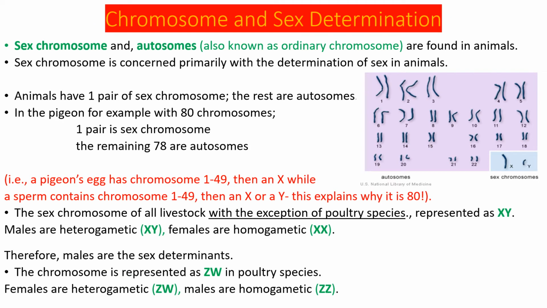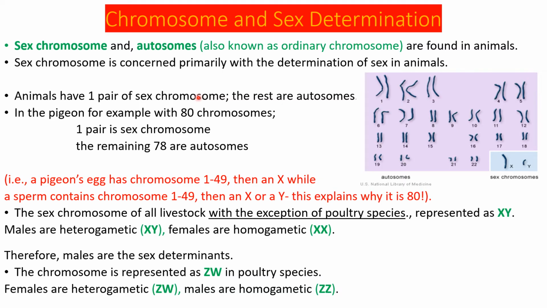Chromosomes play critical roles in sex determination. The sex chromosomes and the autosomes, also known as ordinary chromosomes, are found in all animals. The sex chromosome is concerned primarily with the determination of sex in animals. So all animals have one pair of sex chromosomes and the rest are autosomes.